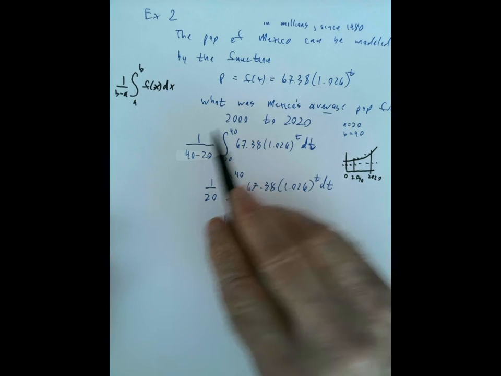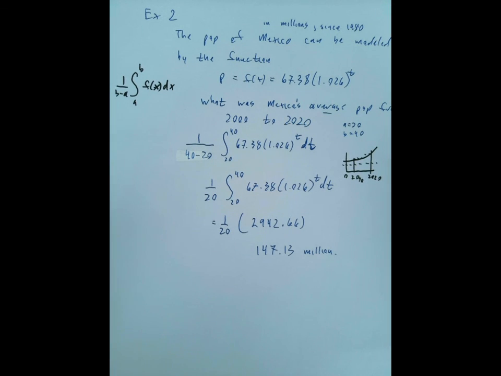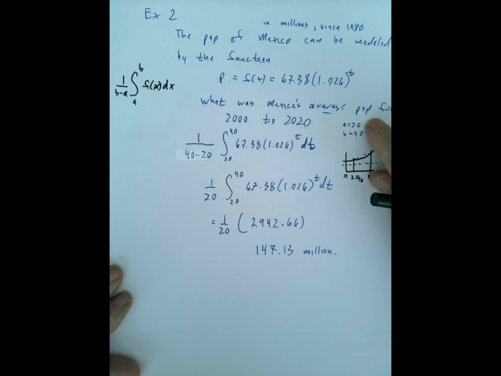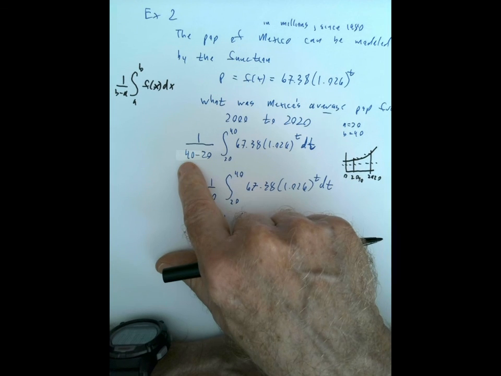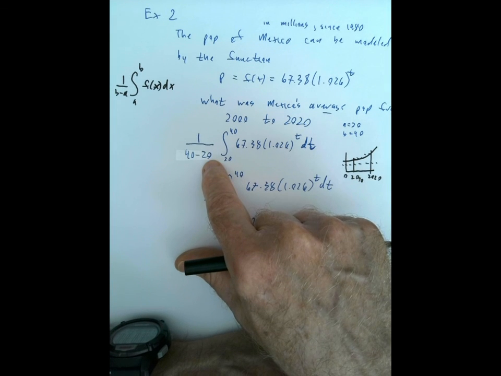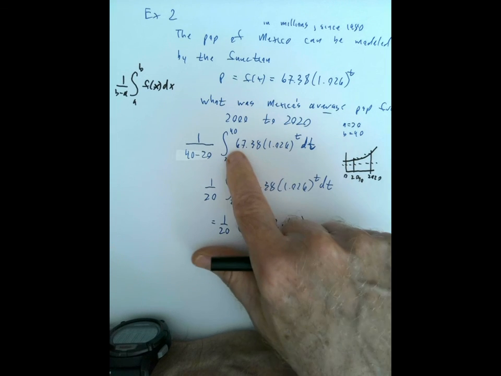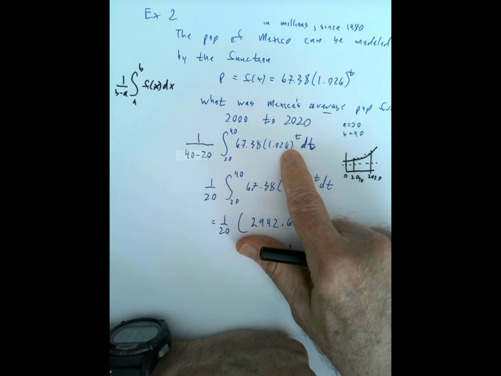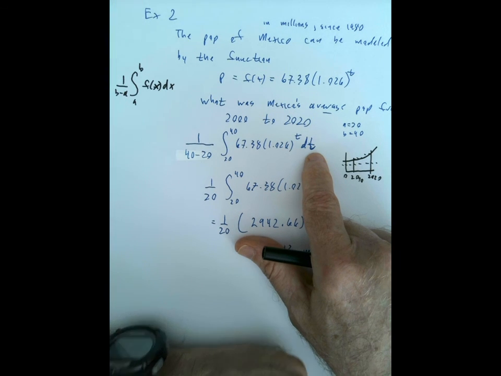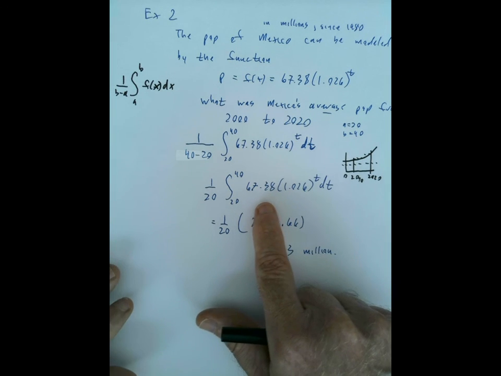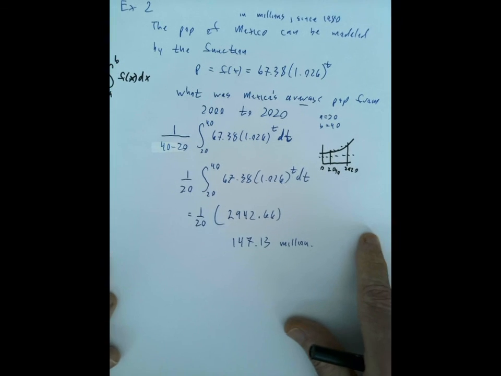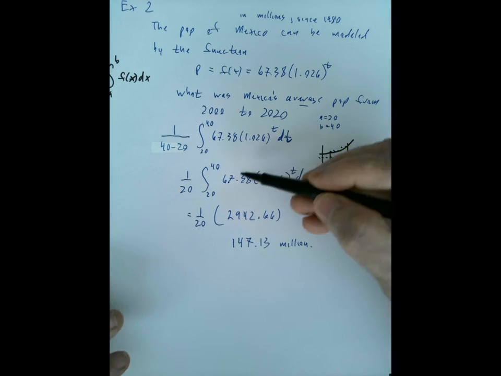Since 1980 is year 0, 2000 would be year 20, so a is 20, and 2020 is 40 years after 1980, so b is 40. We plunk the function in, times dt. Then 40 minus 20 is 20, so we just evaluate this.